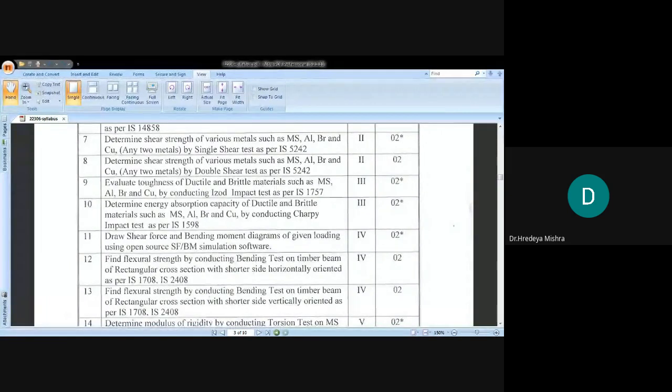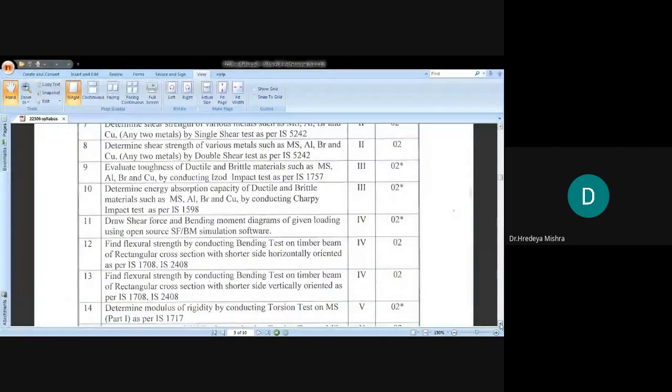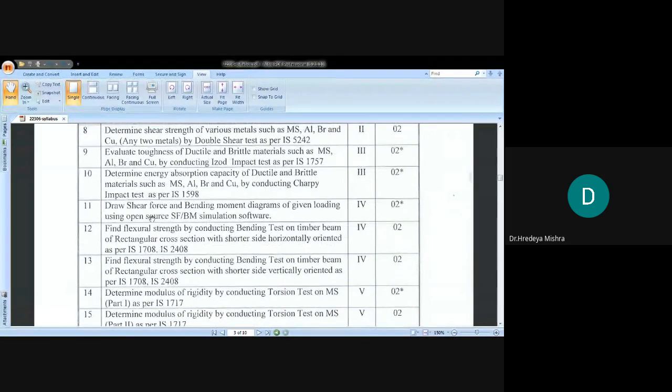Okay, draw shear force and bending moment. Draw shear force and bending moment diagram for given bending load. Open source shear force and bending simulation software. This depends on the software, so we can use software like ANSYS or HyperMesh for that.